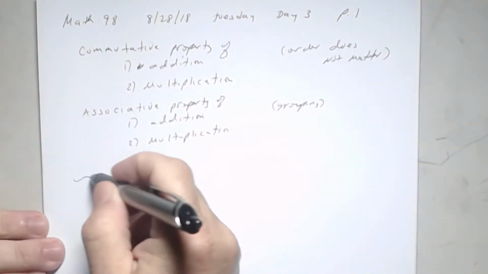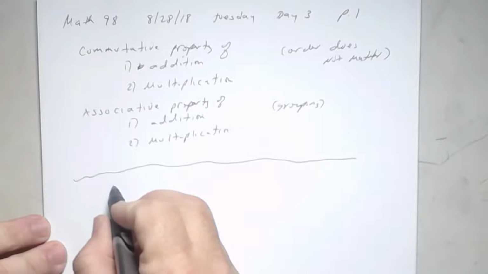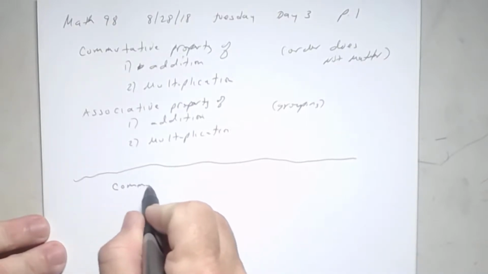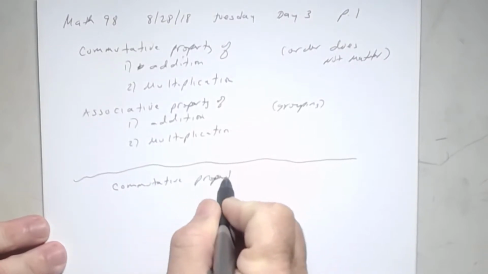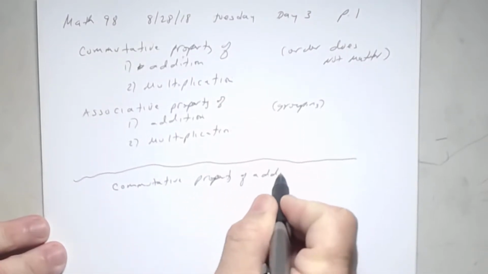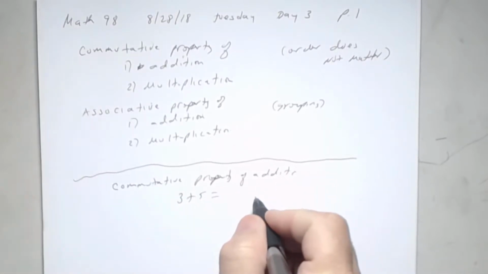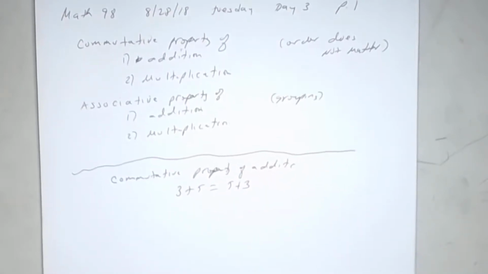So when we talked about this, for the commutative property of addition, we said 3 plus 5 is the same as what? 5 plus 3. The order in which you add does not matter.